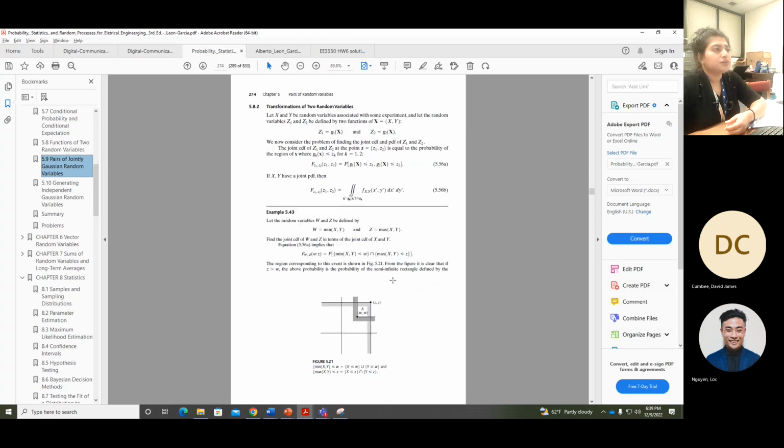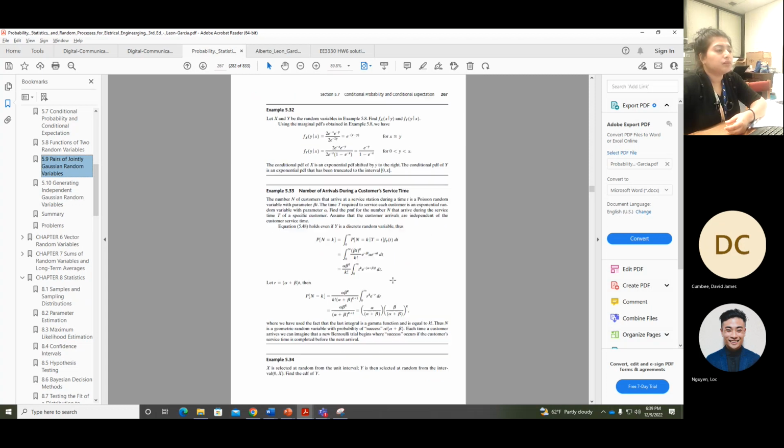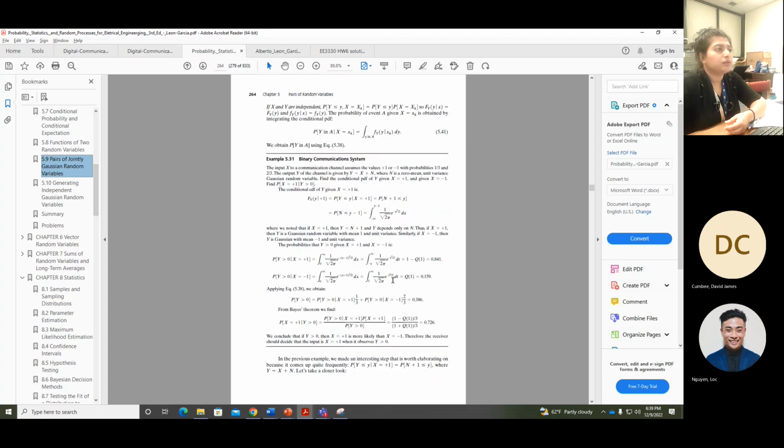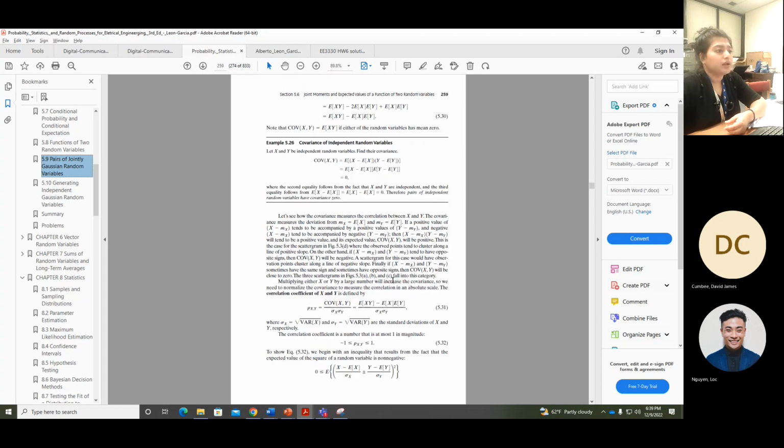I'm just saying as the problems are coming by, so that we are covering everything. So rho of x, y is basically this formula, and it will be given for your exam.